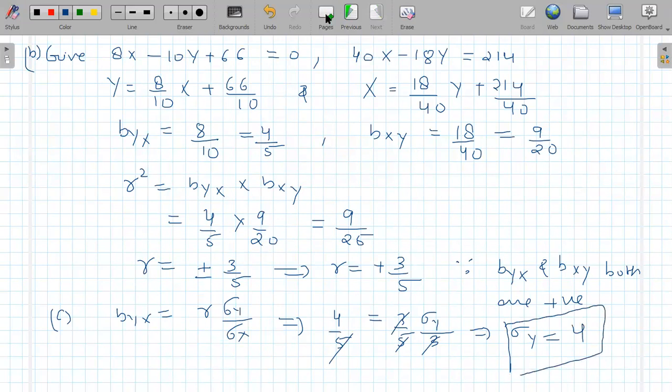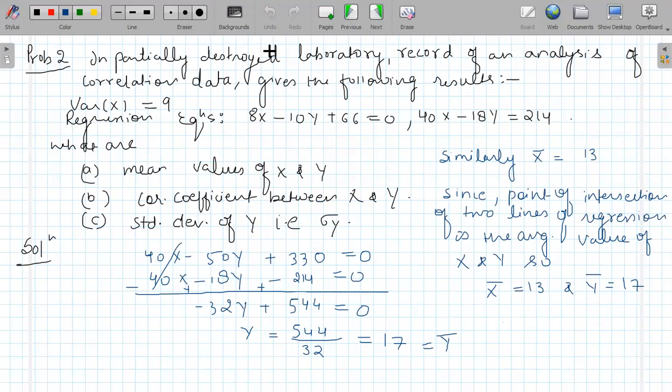So we have solved all the parts. Let me revise. In this question, we are given two regression lines and we are given variance of x. We have to find mean values of x and y. So we solve these two regression lines and find the values of x and y. That will be equal to average value of x and y.